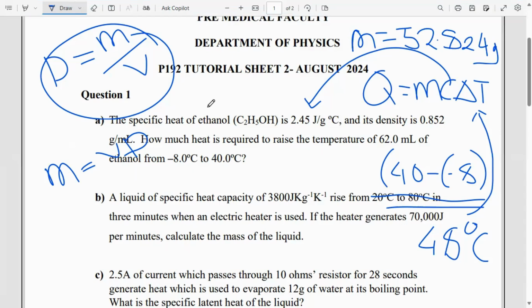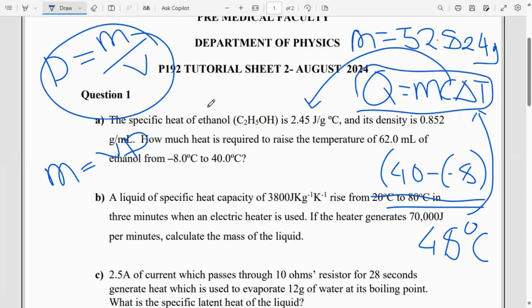Now that we've gotten the mass of the ethanol, we know our temperature difference and we know our C. You can see that we can now get the heat required to raise the temperature of our ethanol directly from this formula.